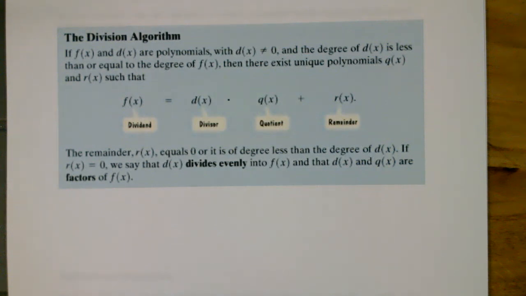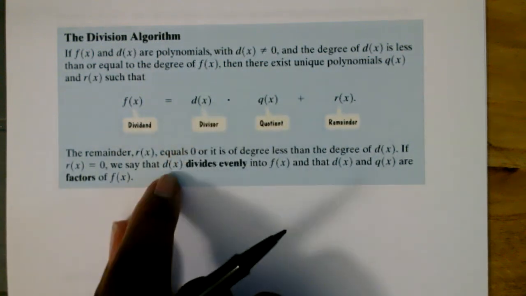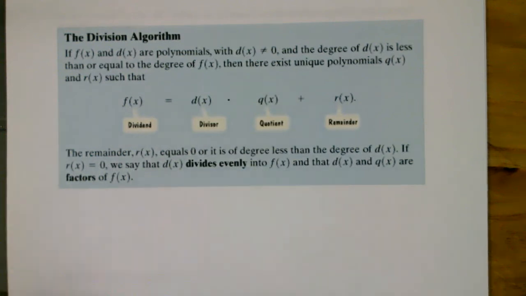Now the remainder r of x equals 0, or it is a degree less than the degree of d of x. If r of x equals 0, then that means we say that d of x, which is your divisor, divides evenly into f of x, and that d of x and q of x are factors of f of x.